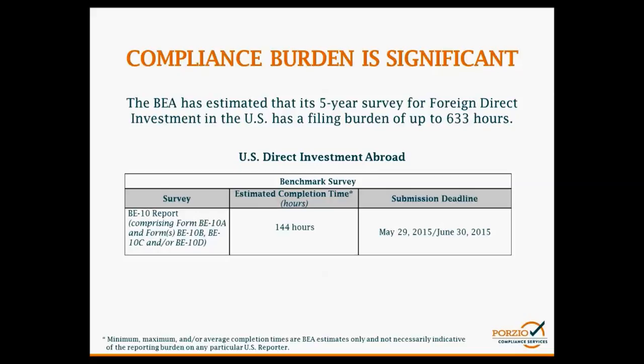Let's turn then to the Form 10, which is the topic of interest right now because of the upcoming deadline on June 30. This is what's referred to by the BEA as the quinquennial report or 5-year benchmark survey, which is a highly important report for them because of the extreme level of detail that's required here.